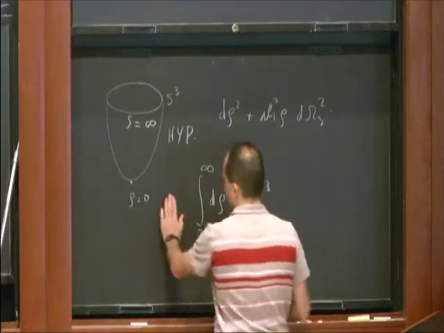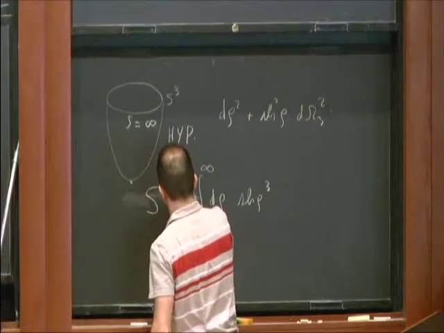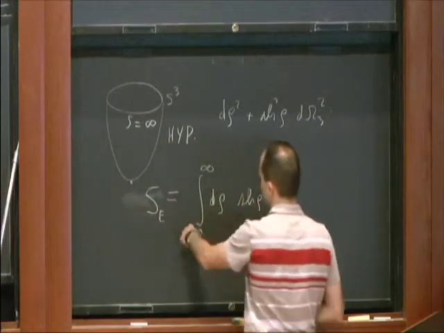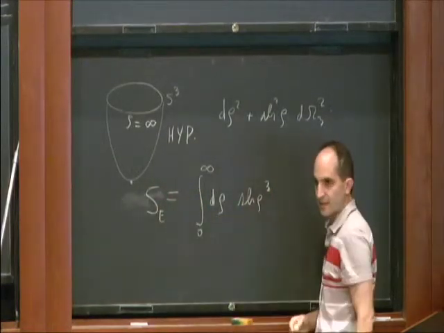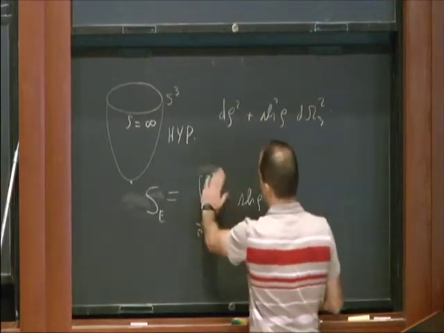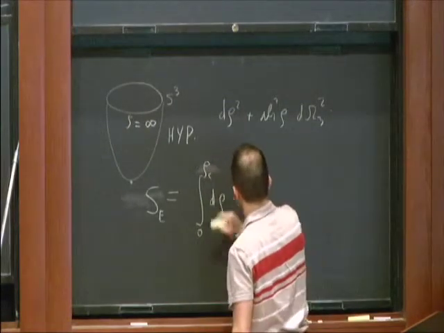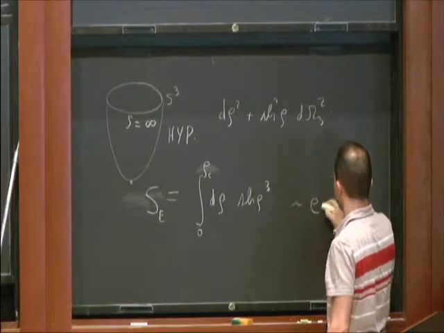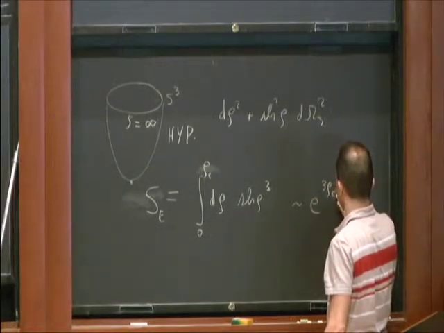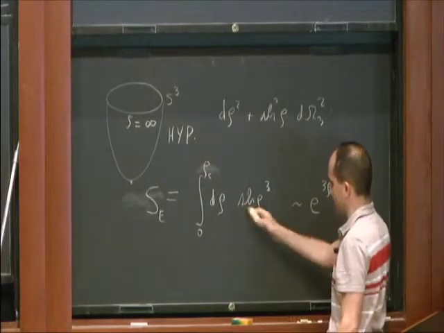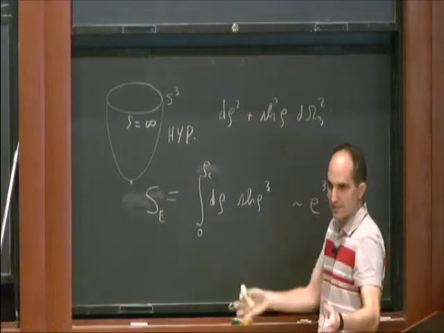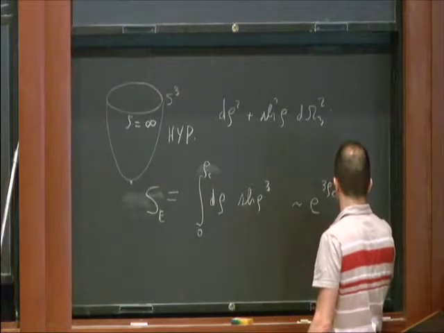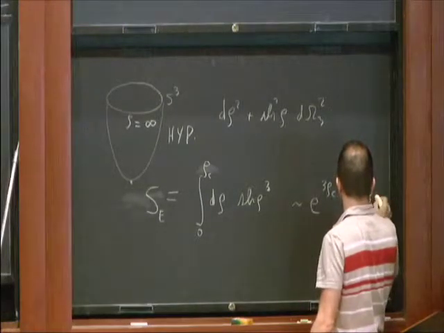So what are we computing here? We're computing the on-shell action. So the on-shell Einstein action, up to some constants, is equal to this integral. It's infinite. We regularize by putting some ρ cutoff. And of course, the leading order, most divergent terms go like 3ρ cutoff. So we expand this exponential and we get various terms. And then there will be a term that goes like ρ cutoff.